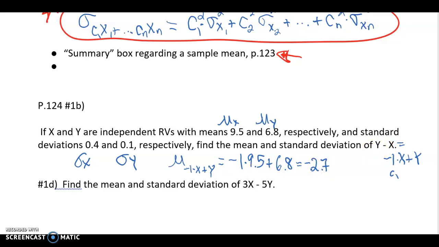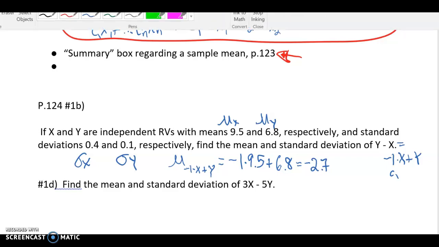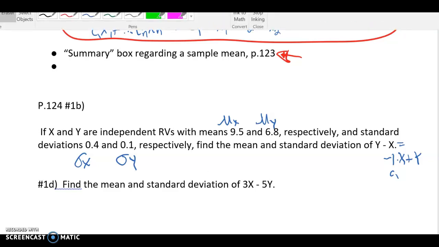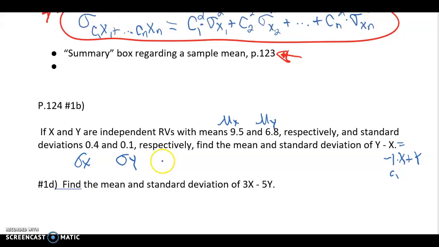All right, I didn't leave enough room for myself, so hopefully I can figure out how to erase. If I want to find the variance of y minus x, which is really -1 times x plus y, then I have to square the c's.